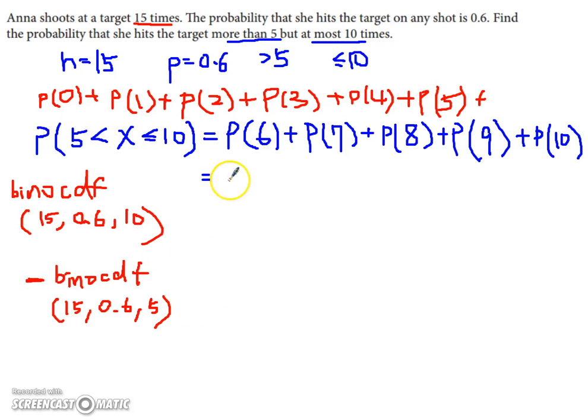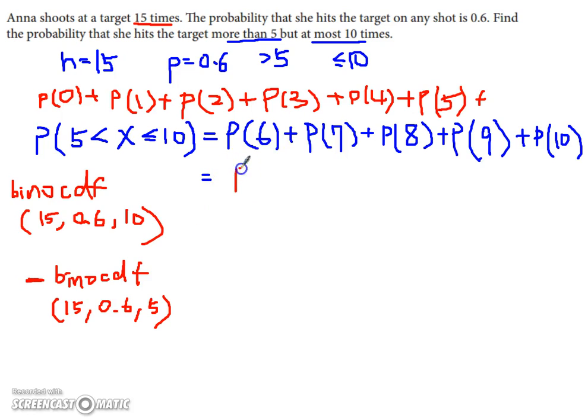So all you have to do now is put this in your calculator. But how would you show the equation for this? Because you do have to show your workings, even if it's a calculator paper.